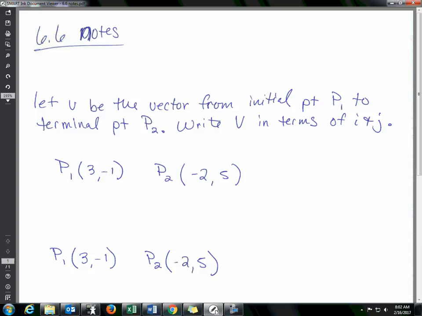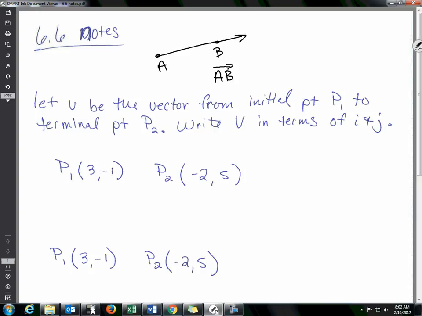A vector is a force with direction and magnitude. Most vectors that we'll be looking at today will look, if you remember from geometry, like this. This would be a vector in a certain direction, denoted as AB.